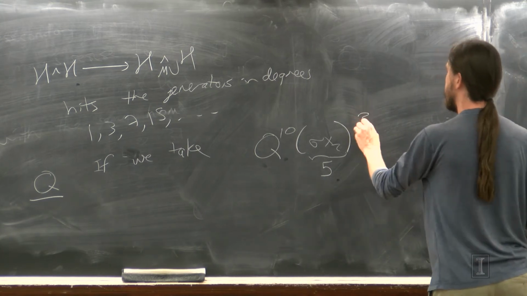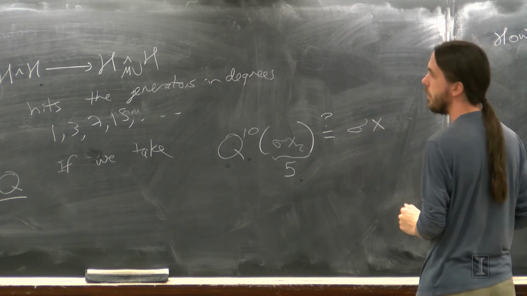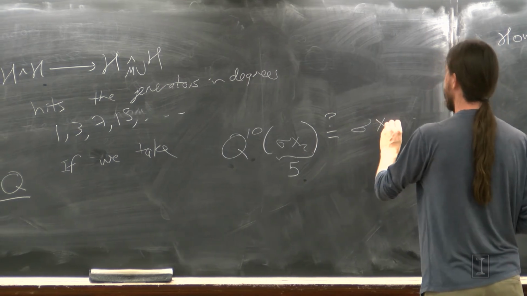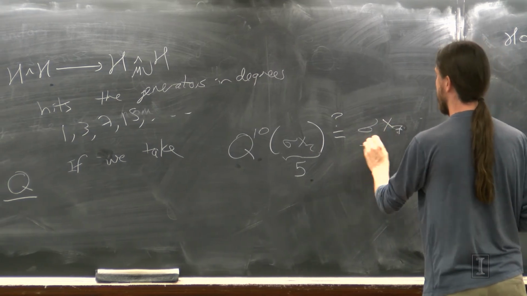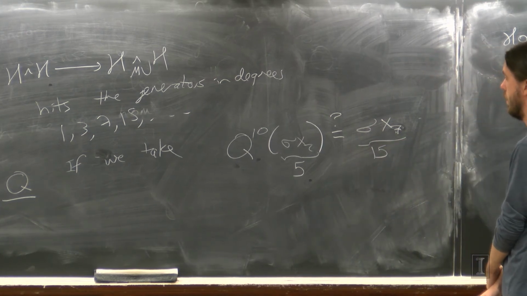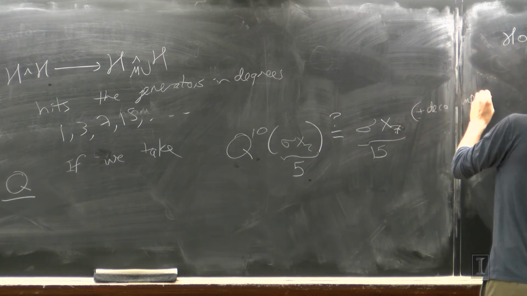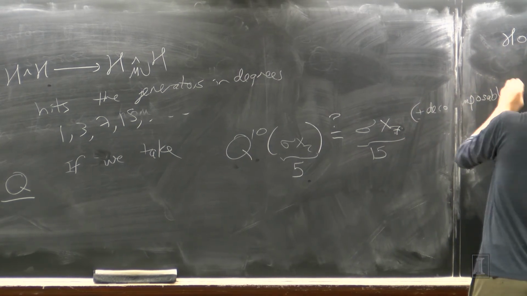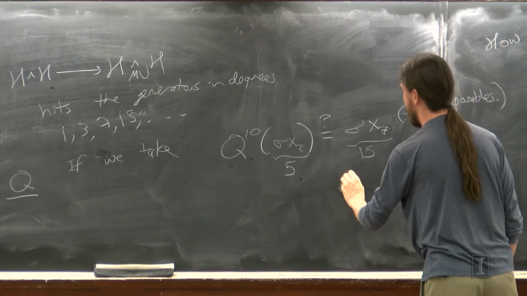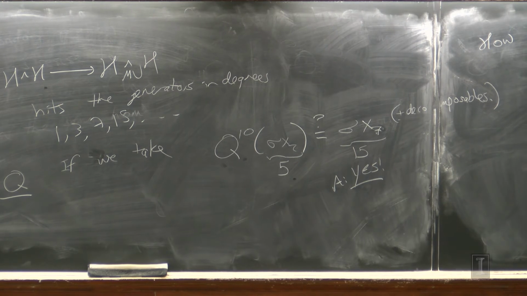So does this equal the suspension of the thing that's in degree 15, sigma x7, plus decomposables? And we're very lucky that the answer is yes. After pushing down this far, the answer turned out to be yes in this instance.